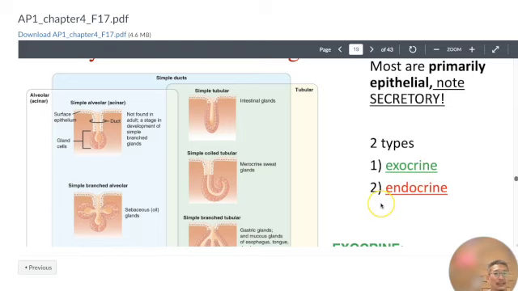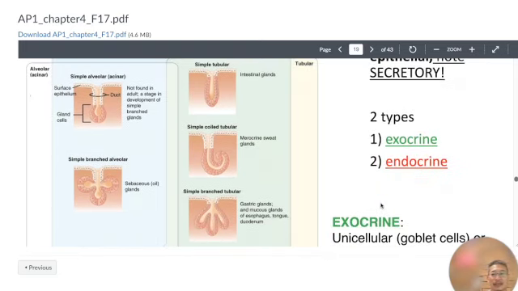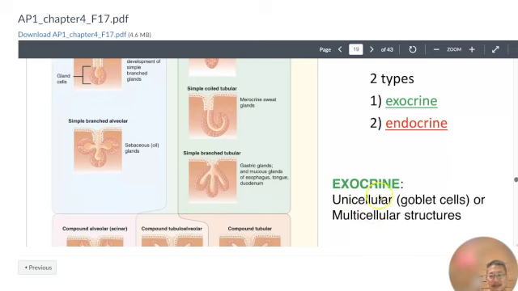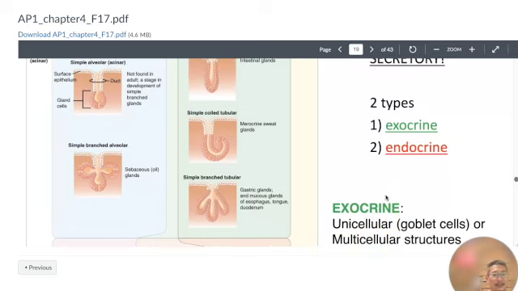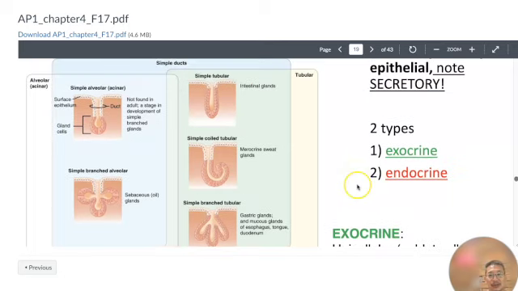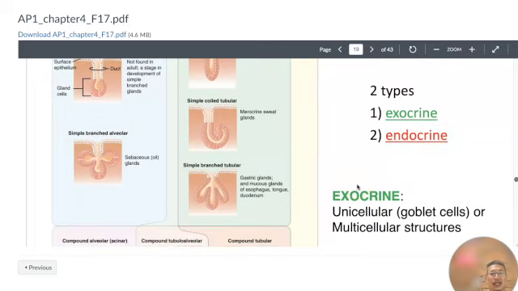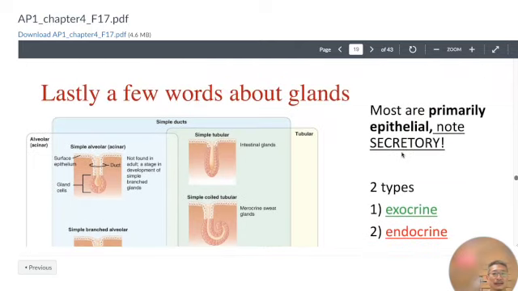Endocrine glands are ductless. It doesn't have any ducts. It releases it and it goes to the surrounding tissue, like hormones and things like that. So again, exocrine goes outside, and endocrine, it just secretes inside.